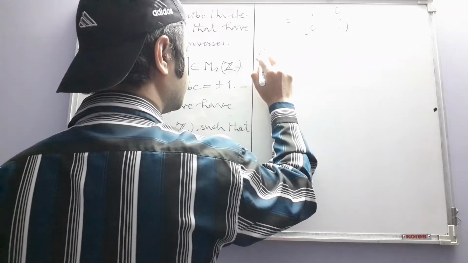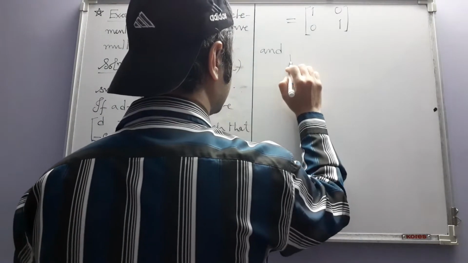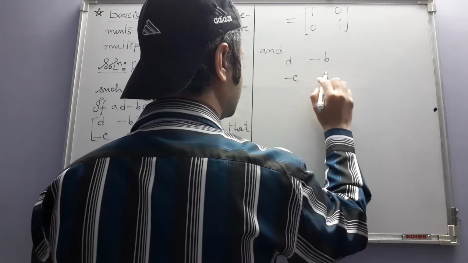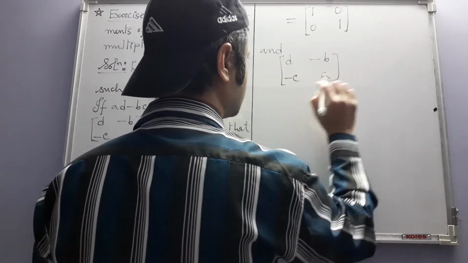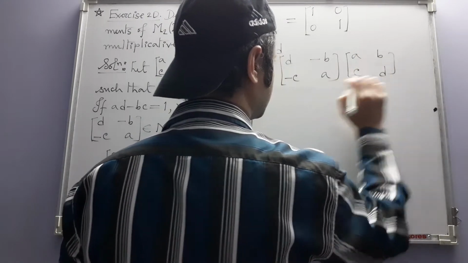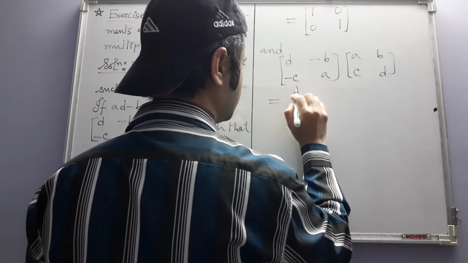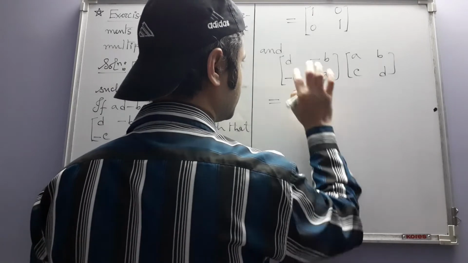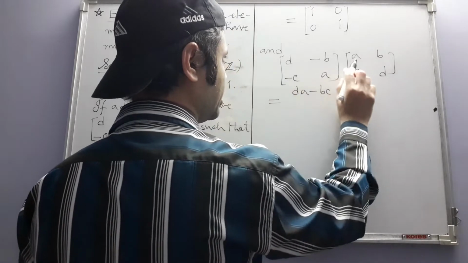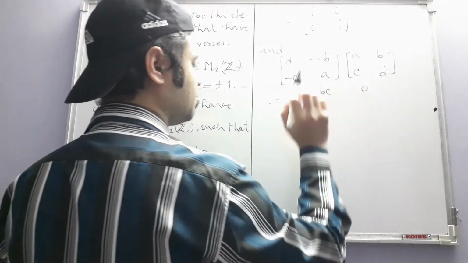And if we change the order, D, minus B, minus C, A times A, B, C, D, then DA minus BC, BD minus BD, this one is 0, minus CA plus AC is 0, and minus BC plus AD.